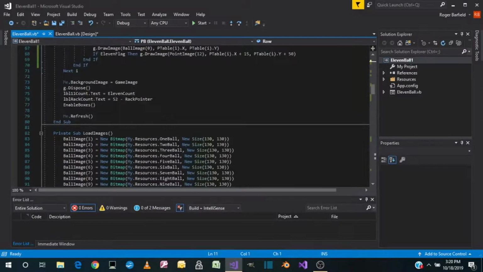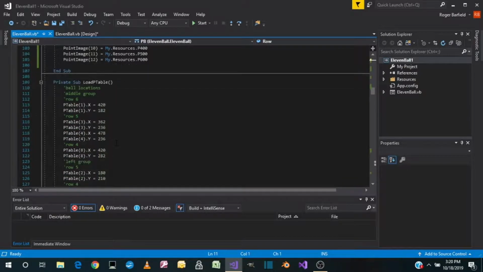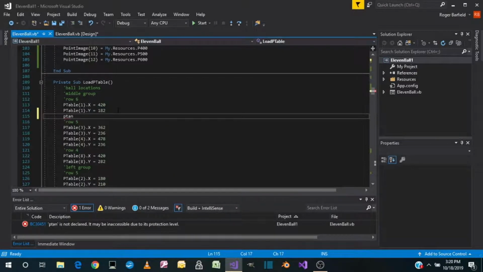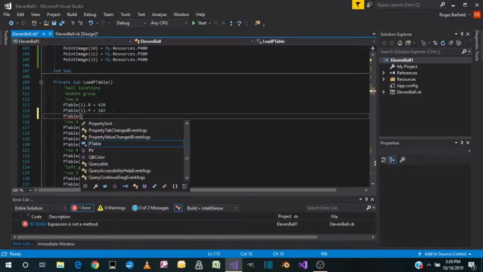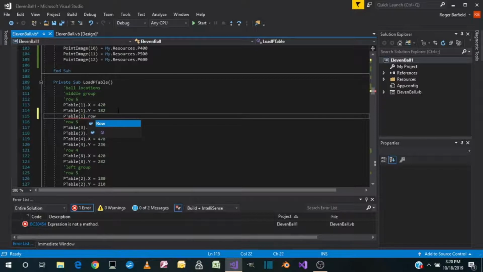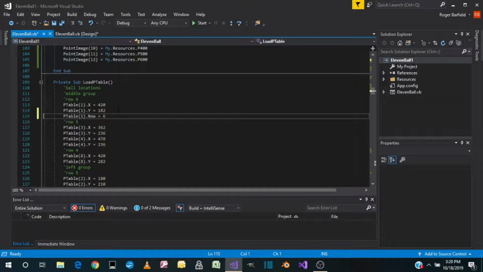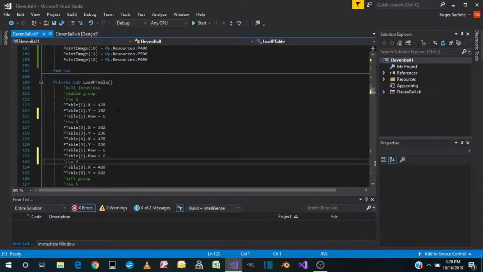And down here, when we load our P table, open it back up. We already have our row numbers here that I wrote, so let's go ahead and just key these in. P table 1 dot row equal 6. And we got 2 here.